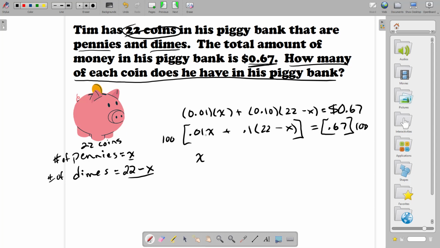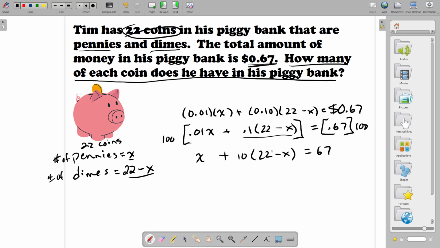That's the reason for doing that, so that the decimal place moves twice and we get rid of the decimal. Then we need to take 100 and multiply it by this. Well, that 100 is going to cause this decimal place to move twice. That gives us 10 times 22 minus x. On this side, the decimal place is going to move twice, and we get 67. So this gives us now an equation that we can solve.